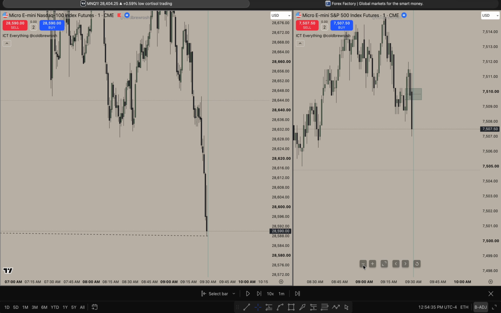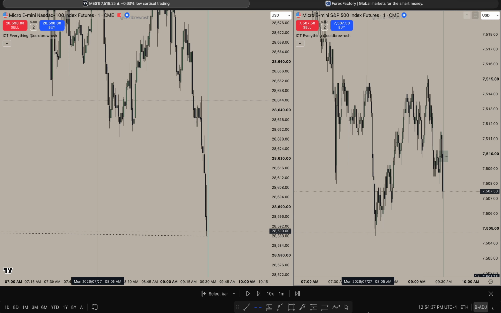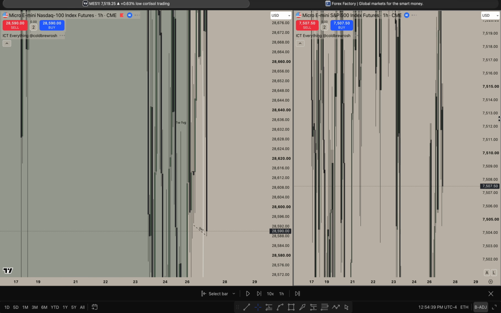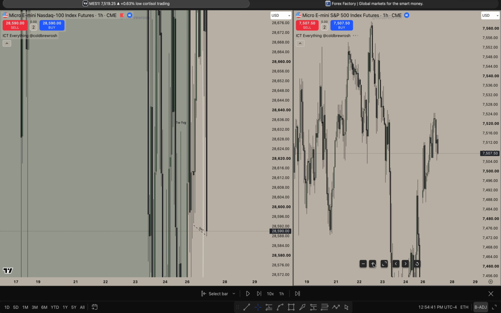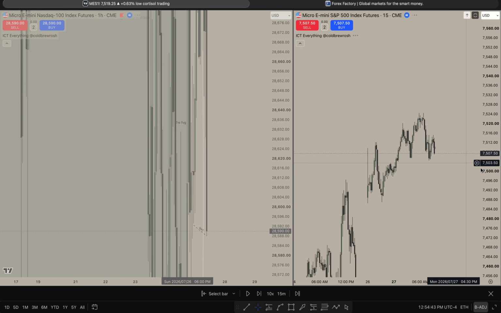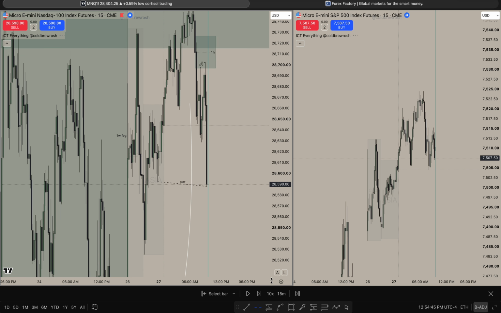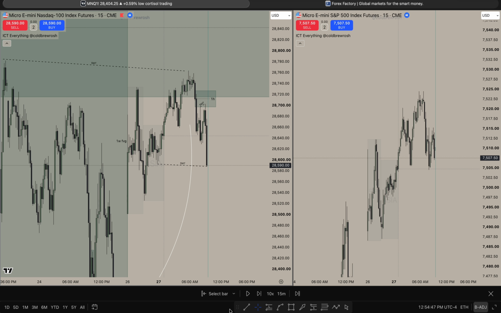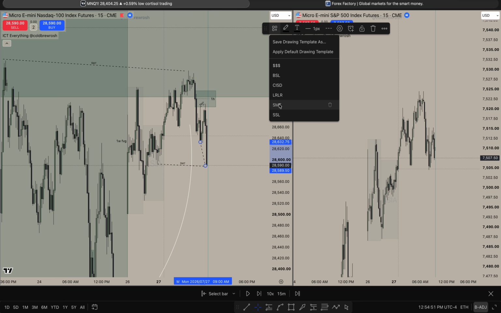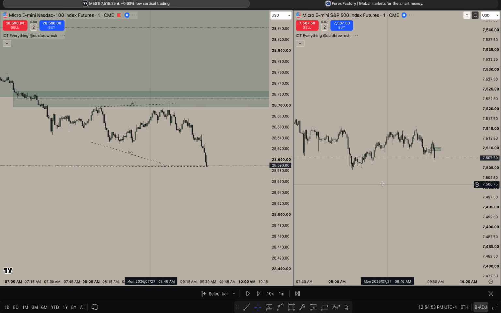Okay, I got it. So, ES pretty much looks the same as NQ. Up here we just didn't tap this 1 hour fair value gap, but I didn't really need to. And then we have a bullish SMT at this little low right here, which I wanted to see manipulate some sort of buy side liquidity.